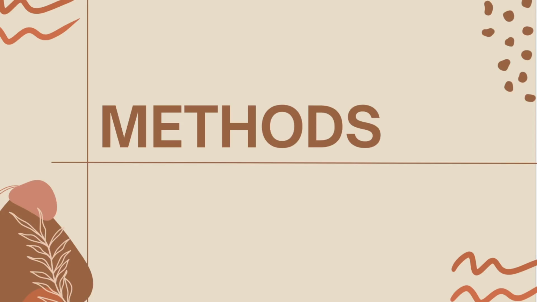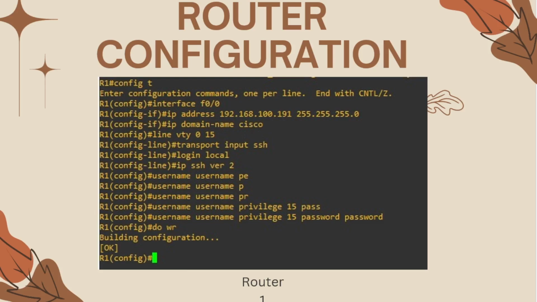Next step is about method. Here, I will explain about the router configuration. For the first one, I will show router 1. First step is entering the global configuration mode. Second is configuring an interface. Number 3 is setting the domain name.